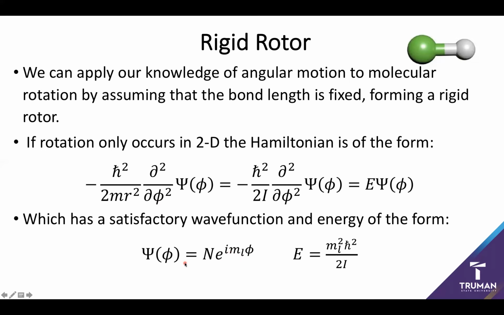Not too surprisingly, we are going to find an energy similar to our one-dimensional form, again this time missing a constant k. So the energy eigenvalue for a rigid two-dimensional rotor can be given as our rotational quantum number squared, Planck's constant squared, and then twice our moment of inertia instead of mass.